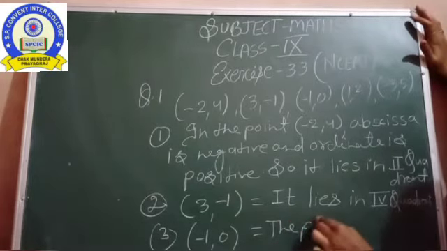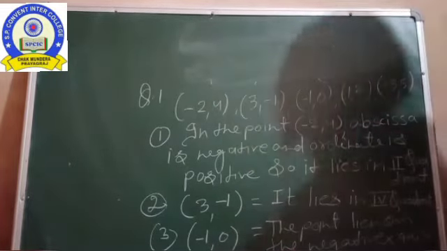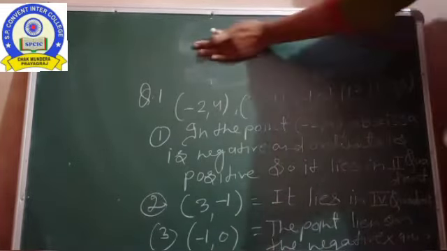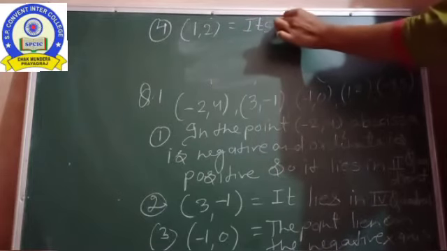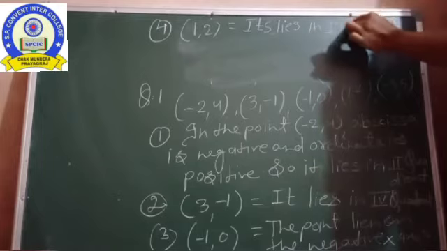Now the fourth point, (1, 2). It lies in the first quadrant. This is positive. First quadrant.